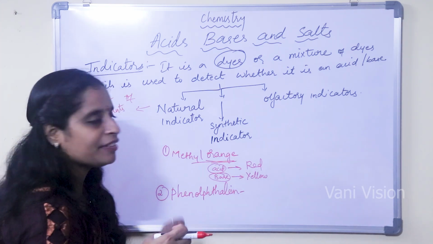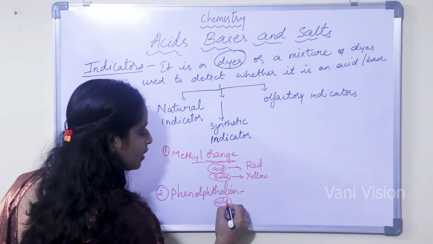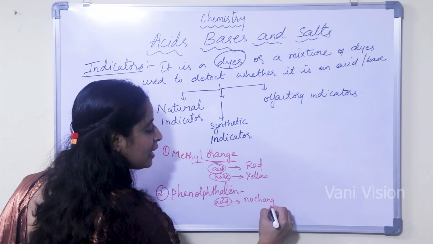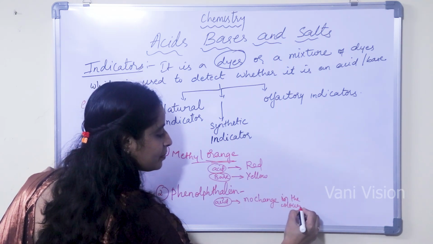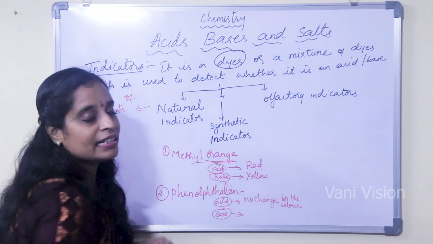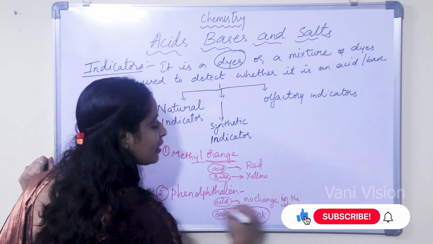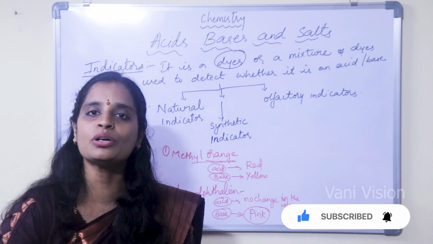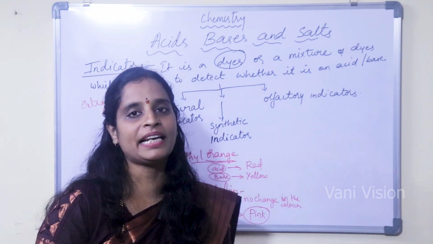Then phenolphthalein. When we add it to an acid, there is no change in the color. The color will not change. When phenolphthalein solution is added to a base, it turns pink.